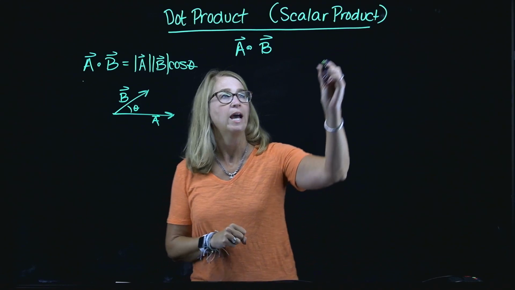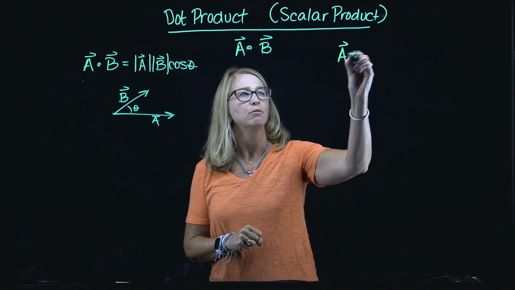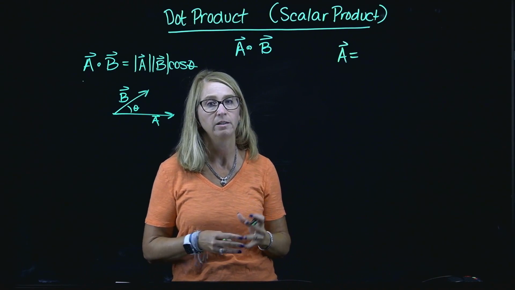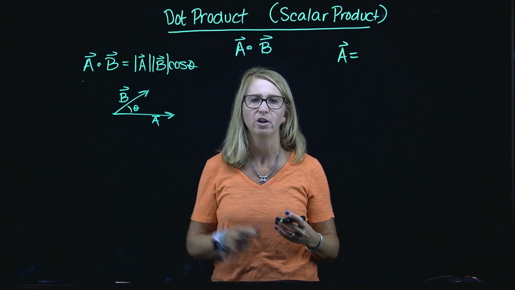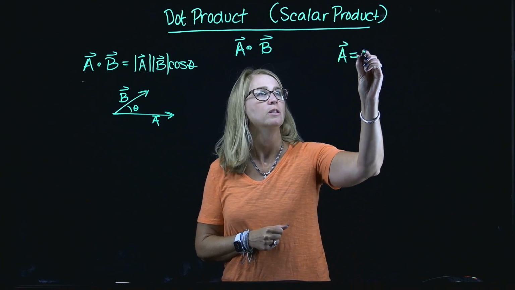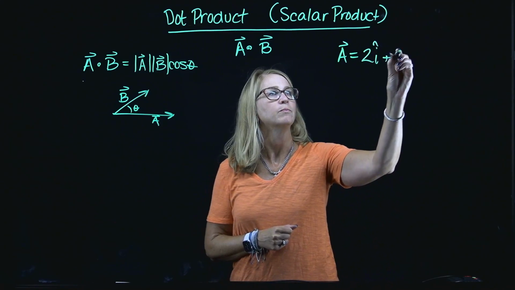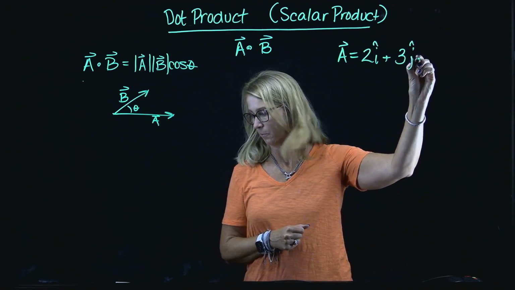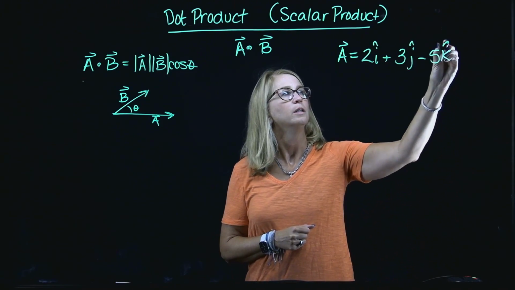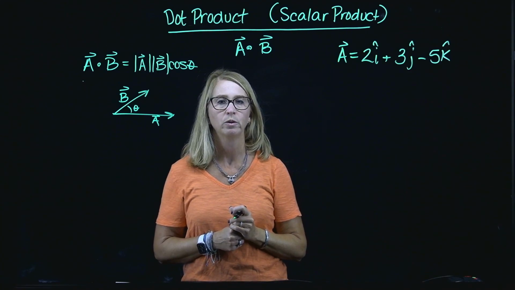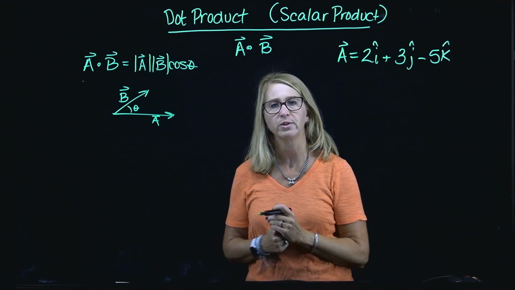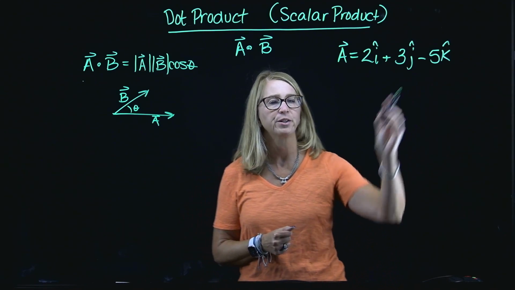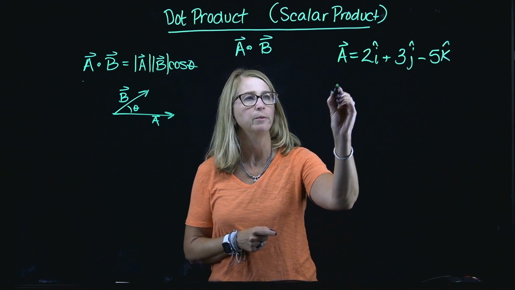But when we have our vectors written in unit vector form, and if they're three-dimensional, this is really hard to do. So for instance, if this is my vector A, now remember, 2 represents the x component, 3 represents the y component, and -5 represents the z component.